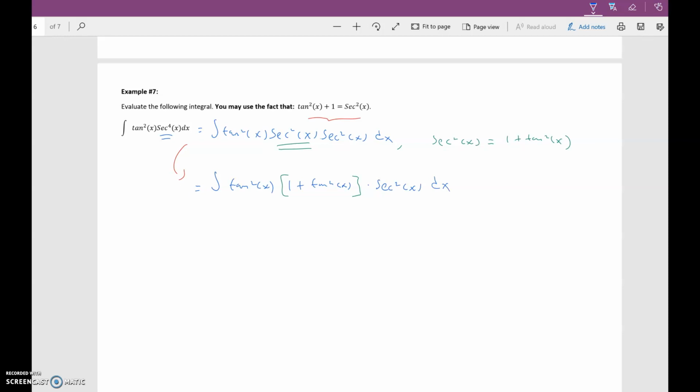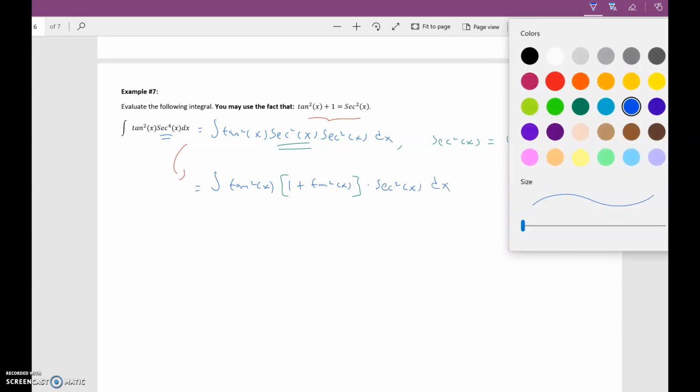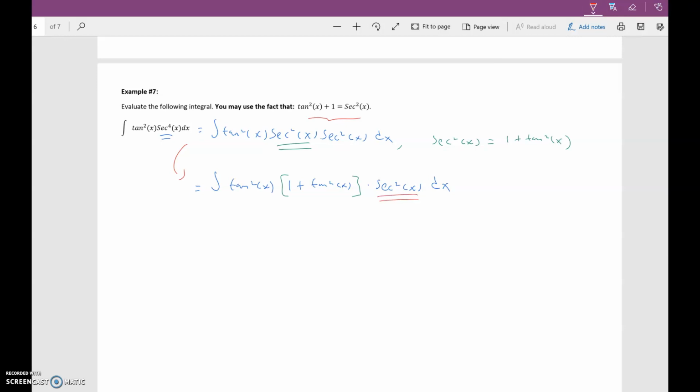Now, here's one possibility. The reason that I left only a secant squared is that the derivative of tangent is actually secant squared. And what I want to do here is use tangent, but not tangent squared, because that may lead into a separate formula.